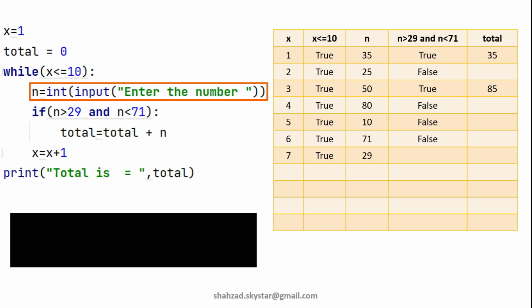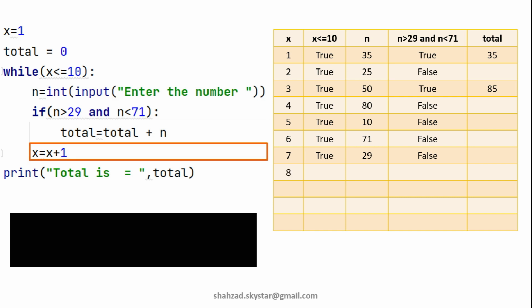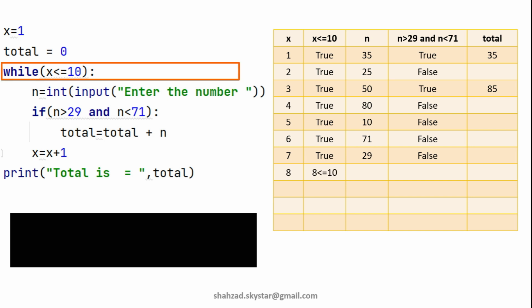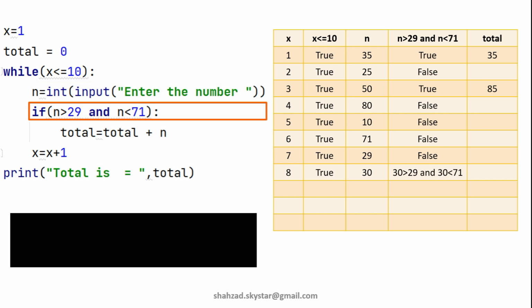Then we are going to enter the value as an input, that is 29, and 29 greater than 29? No, that's why this condition will be false. Then it will move to the next incremented value, that will become 8, and 8 is less than or equal to 10. Yes, it will be true. Next input value is 30. 30 is greater than 29 and 30 is less than 71.